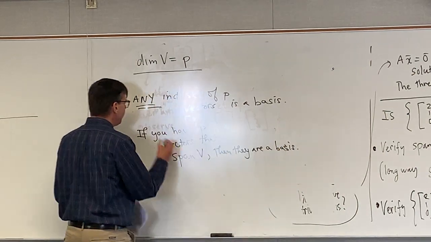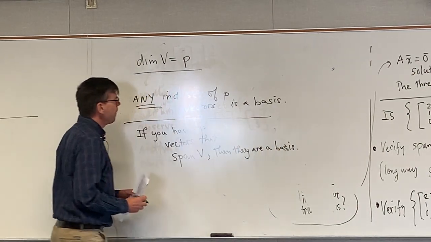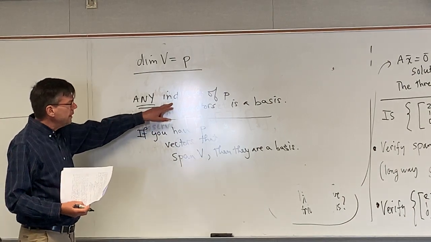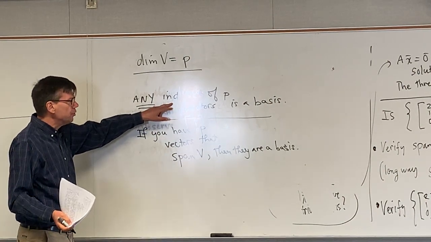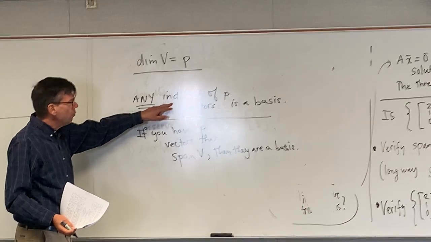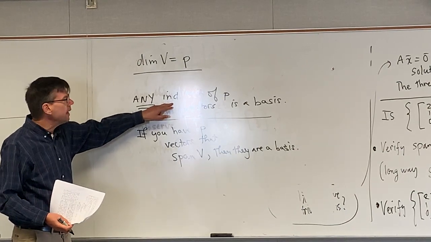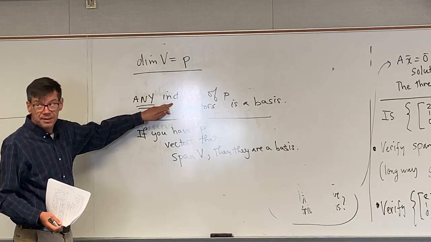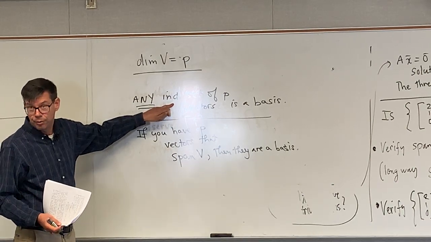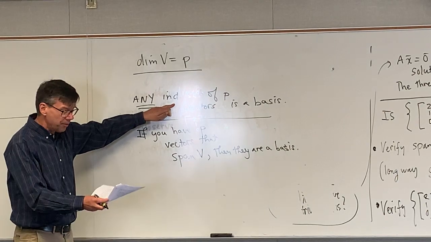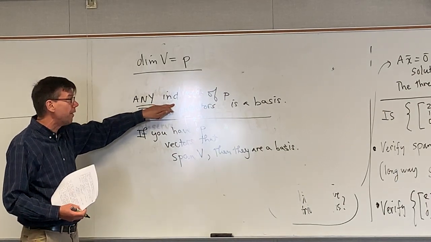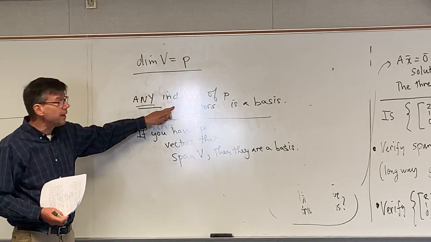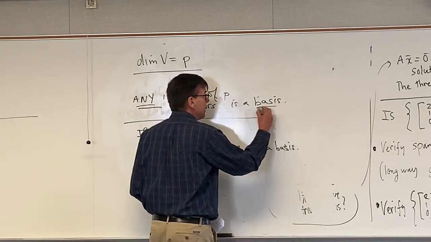The logic here is, if you have an independent set of P vectors, they're independent. What's not totally obvious is that any independent set of P vectors will have a span equal to the vector space. So in the proof of the theorem, you'd have to verify that this set of vectors spans the entire vector space, and then that implies that it's a basis.